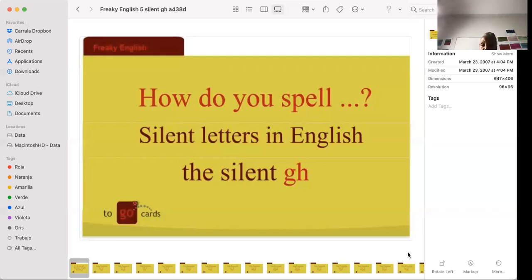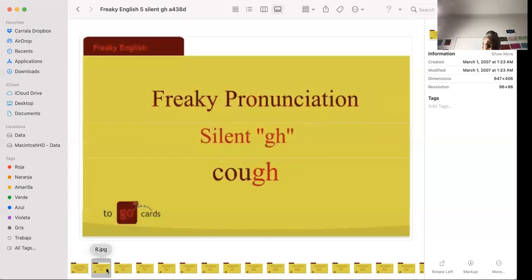Okay, so without telling my whole life story, we're looking at letters and diphthongs or letter blends when they're silent. So the first thing we're looking at is the GH. Cough. You see, the GH there is not silent so much as it takes on a different sound, totally different.